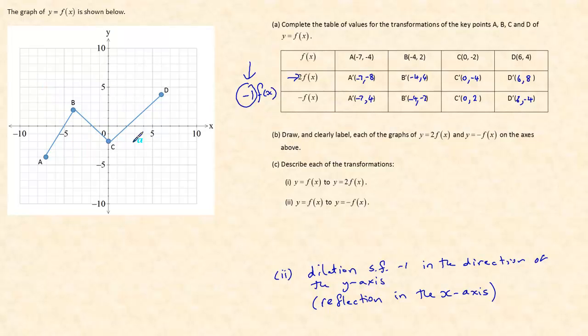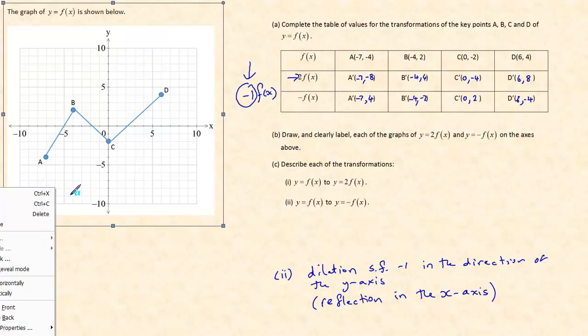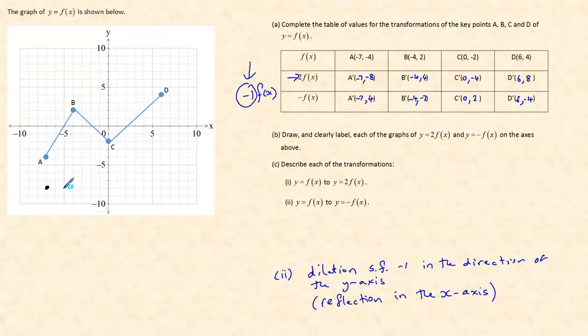Now, to make what we're doing clearer, when I do the 2f of x, I've just removed the negative f of x. So -7, -8. Then we get -4 and 4. 0 and -4.